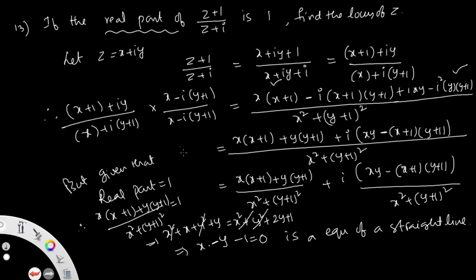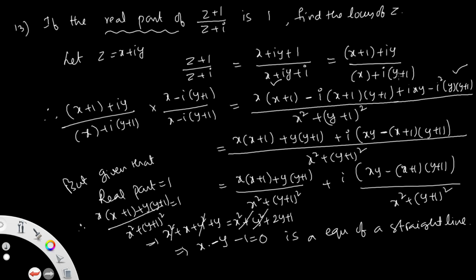A simple way: first take z equal to x plus iy. In the question, z plus 1 by z plus i, where z equals x plus iy, becomes x plus iy plus 1 by x plus iy plus i. Separate the real parts and the imaginary parts. Then multiply by its conjugate, x minus i(y plus 1) by x minus i(y plus 1).